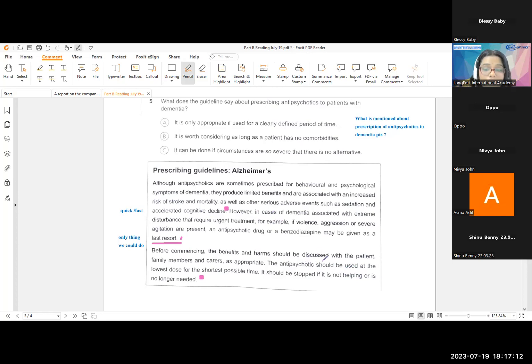The drug should be given at the lowest dose for the shortest amount of time, not for a long period. And if the medication is not helping the patient or is no longer needed, you need to stop giving it.